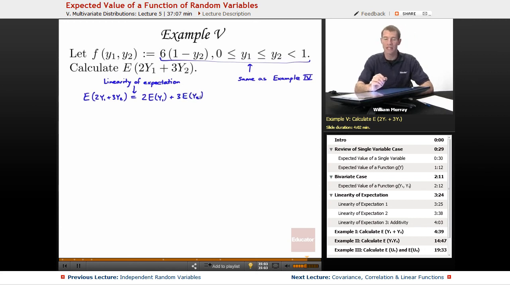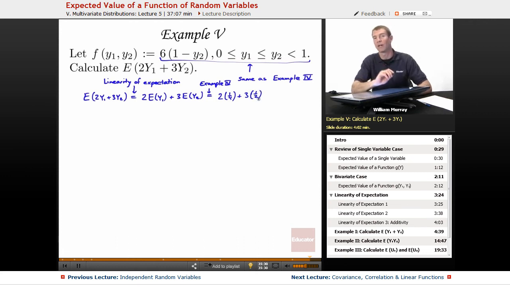And both of those were things that we calculated in example 4. So I'm not going to recalculate those now because we did a lot of work in calculating those. So the expected value for y1, back when we worked it out in example 4, was 1/4, and the expected value for y2 was 1/2.